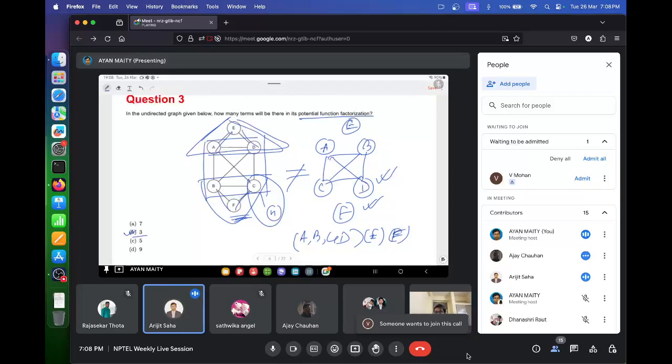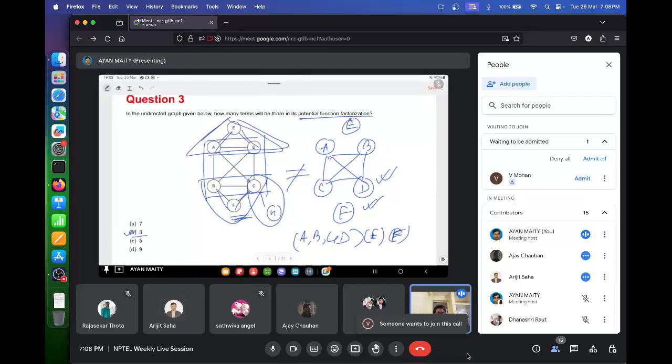But whether other kinds of factorizations are possible or not, I am not completely sure about that. Was there any example given in the video lectures? No, they gave a simple example of four nodes. Yeah, I have also seen that no specific examples were given for complex networks, but there is a question in the assignment regarding that.